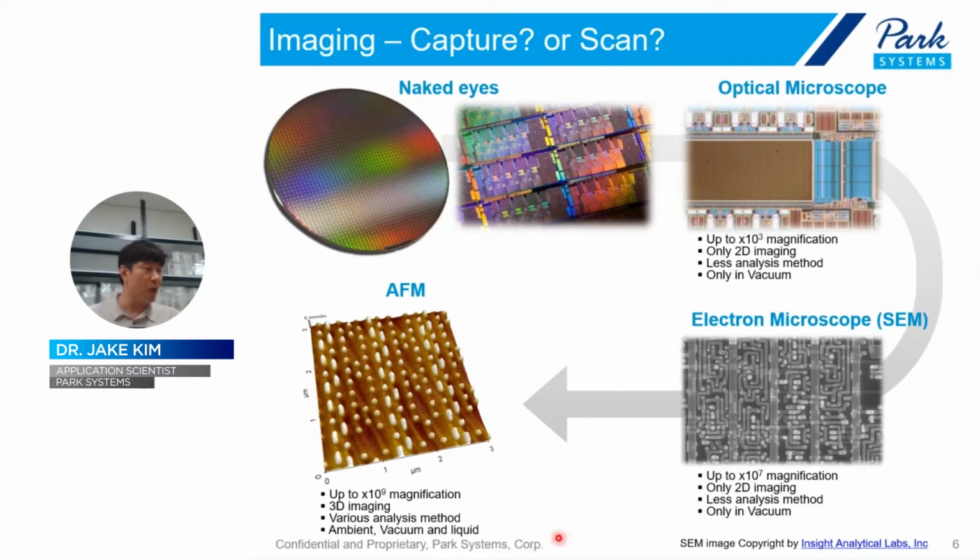We can image with super high resolution, almost no limit of sample variation, three-dimensional information, and no limit of measurement environment. Yes, this is quite a versatile technique, the AFM.